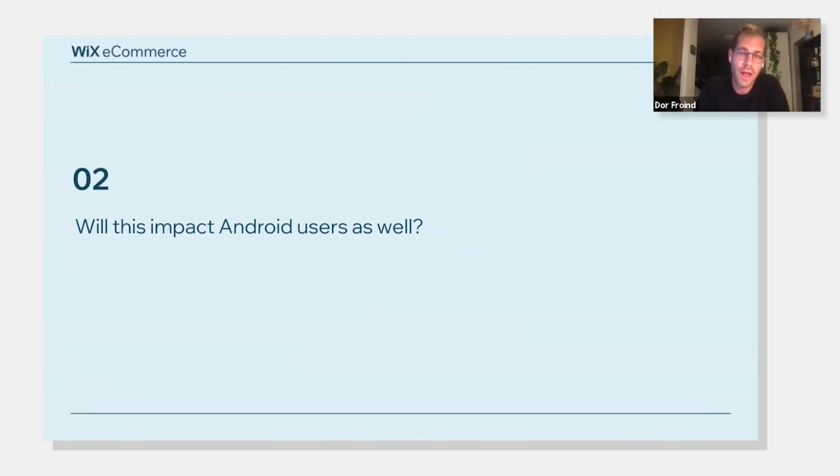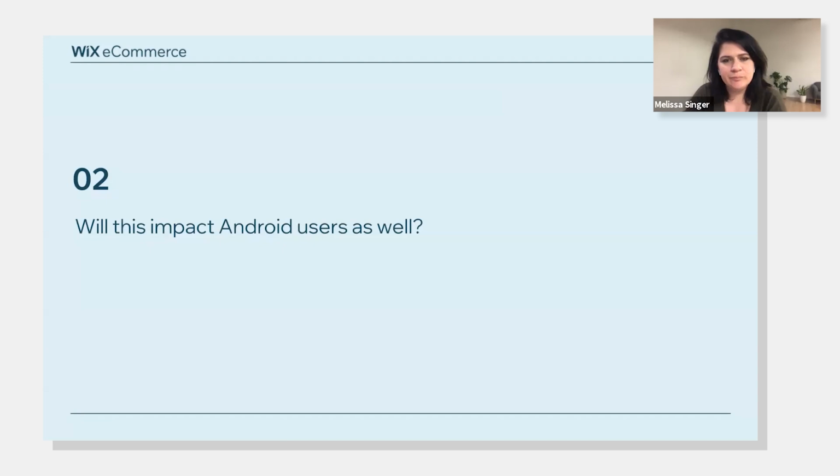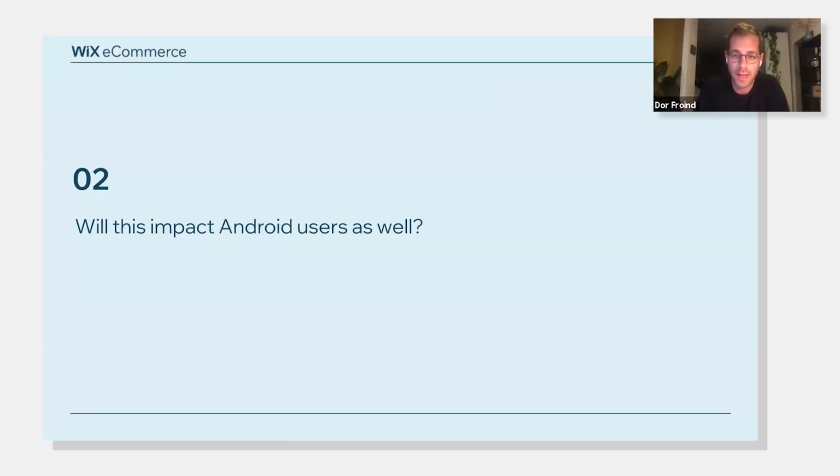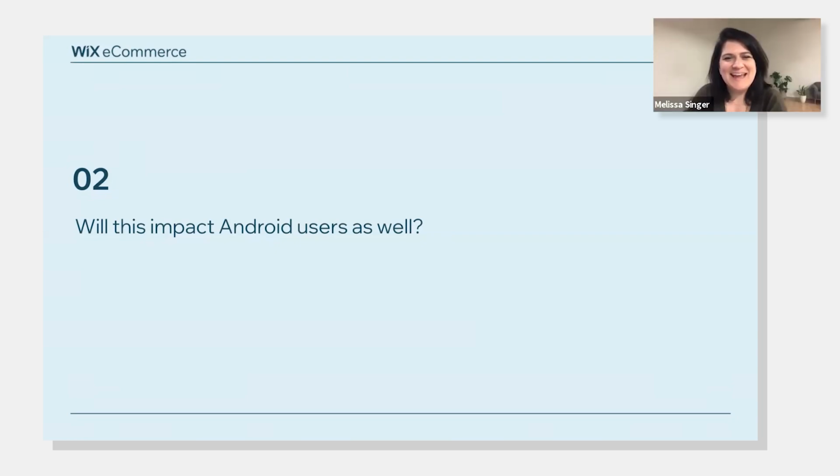Yeah, for Android, there won't be any prompt. Android users won't have to accept tracking. So their data will still be in real time and user-level data for Facebook, and all of the limitations that I mentioned before won't apply to them, except the ones that are changing in the system, in Ads Manager, or in Wix's dashboard. Hope that clarified. Yeah, it does.